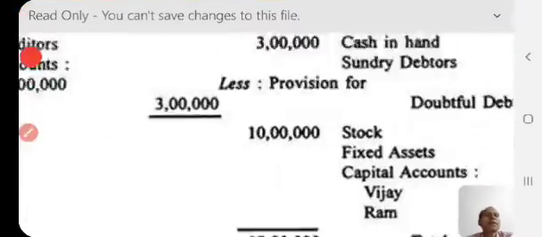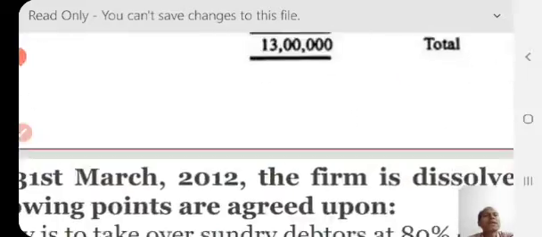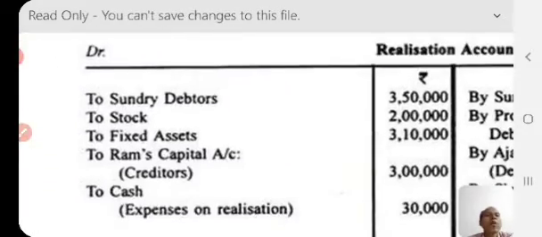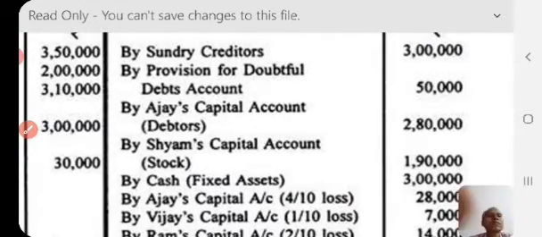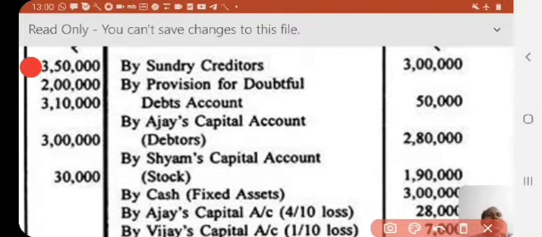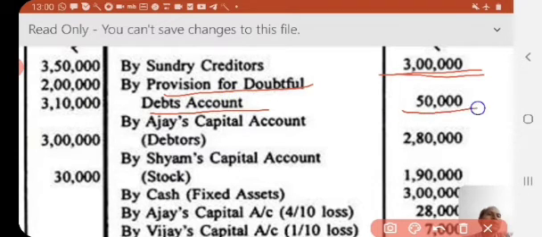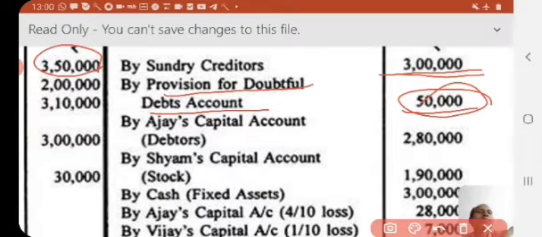Otherwise, we may write 3 lakhs directly here itself, without writing this one.